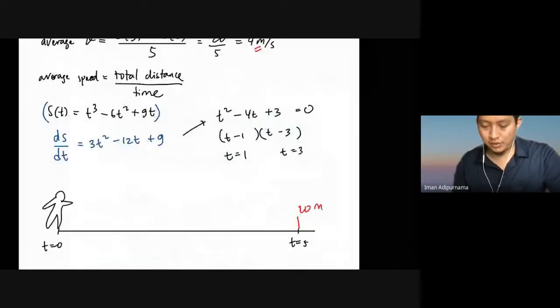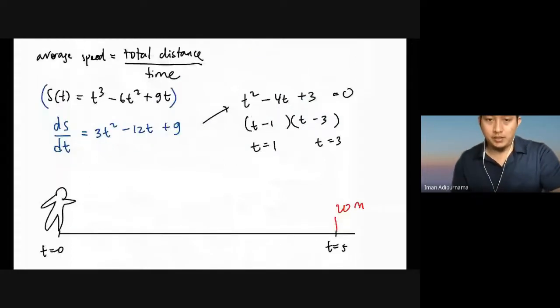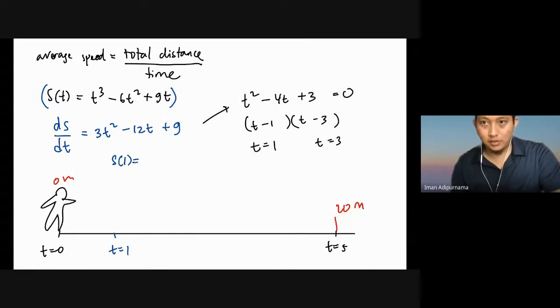I forgot to mention that. When t is 0, s is 0 meters. Then t equals 1: 1 minus 6 is minus 5, plus 9 is 4. So this will be 4 meters.